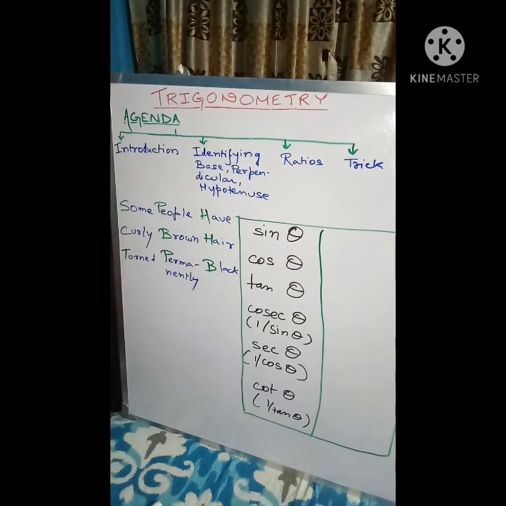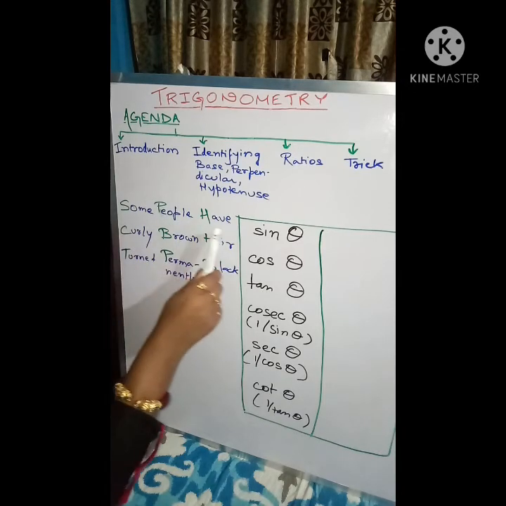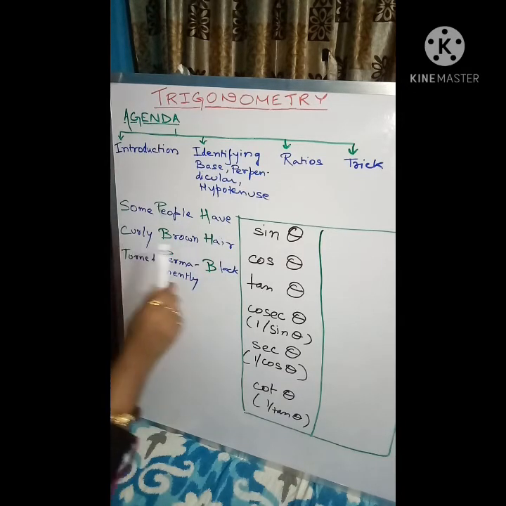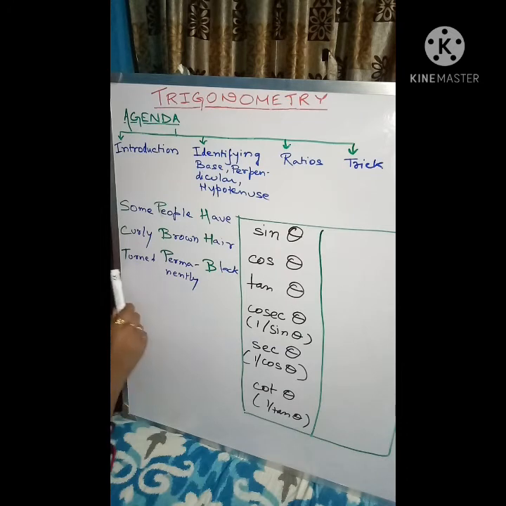So what are the three lines you need to remember? Some people have curly brown hair turned permanently black. Repeat once more with me. Some people have curly brown hair turned permanently black.